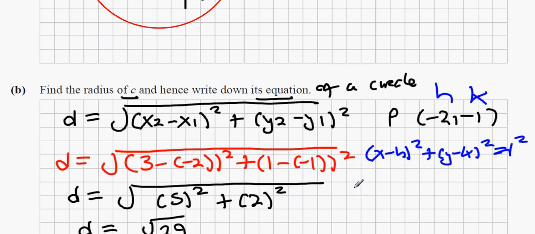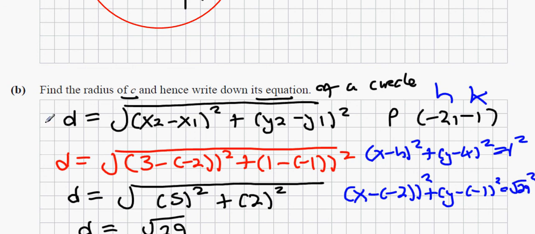So what you're going to get is (x minus -2) squared plus (y minus -1) squared, and that's going to equal root 29 squared. Just sort out the brackets first.